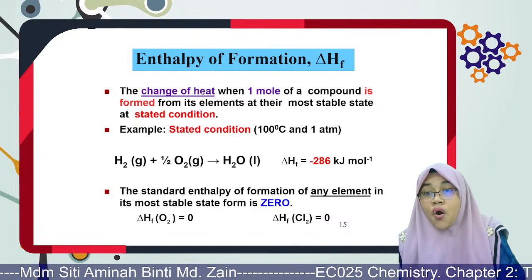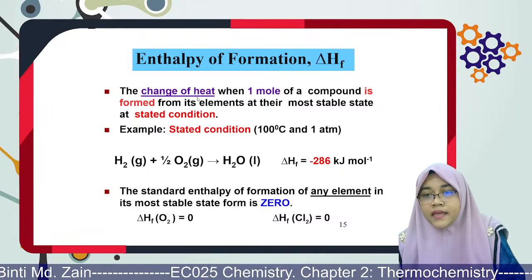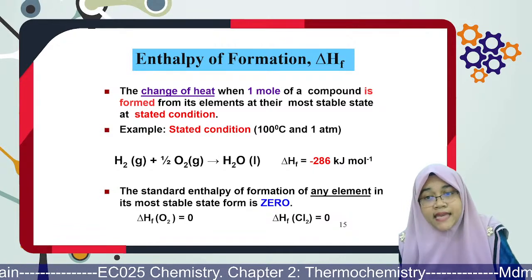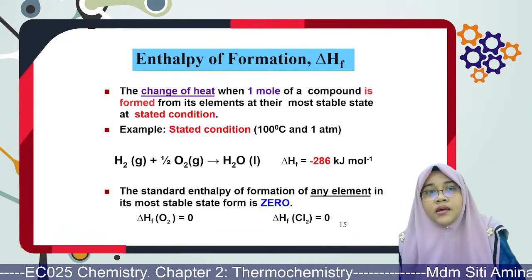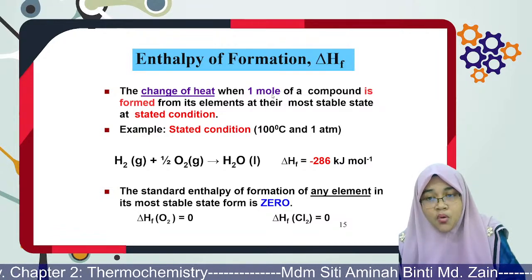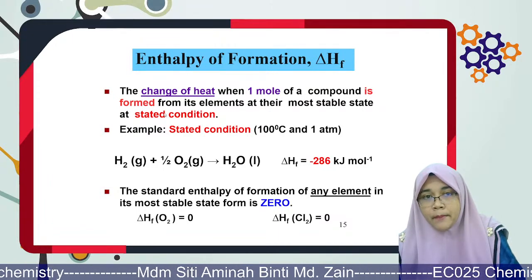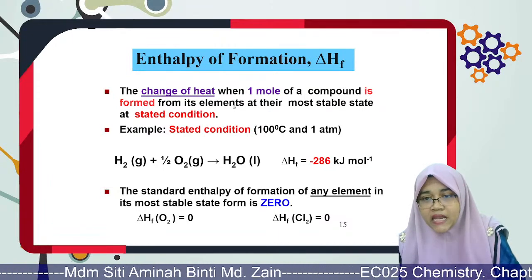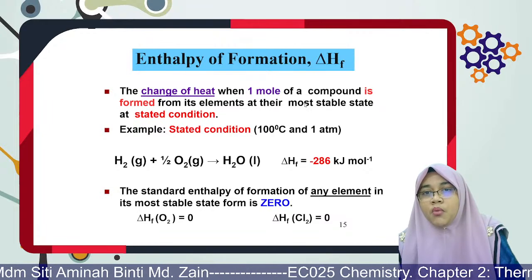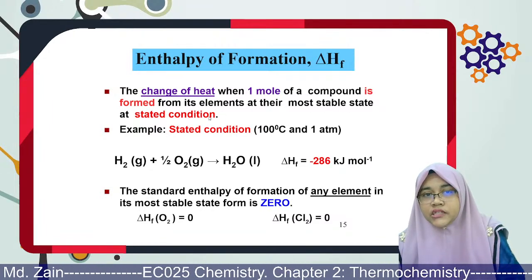So what is the definition of enthalpy of formation? It is the change of heat. When we mention the change of heat, it can be endothermic and it can be exothermic. The change of heat when 1 mole of a compound is formed from its elements at their most stable state at stated conditions.